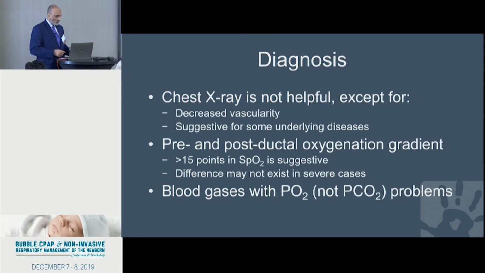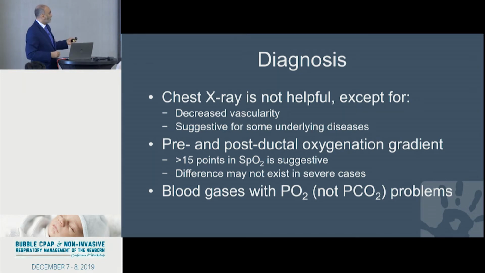So the diagnosis, usually in chest X-ray, you don't see that much except maybe decreased vascularity, or you can see the underlying disease, such as diaphragmatic hernia, if existing. Then a pre- and post-ductal SAT difference of more than 15 points, but this is only when you have shunting across the PDA. But you can have pulmonary hypertension with shunting only at the atrial level, so you still have the desaturation.